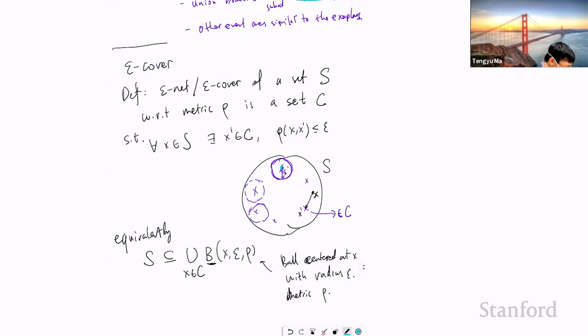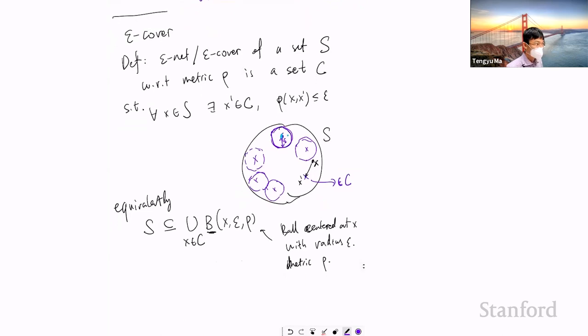So every point covers some part of the space, and the requirement is that the balls around all the centers cover the entire S. That means every point in S can be covered by some ball, and that means every point in S has a neighbor in C. Any questions? Okay.